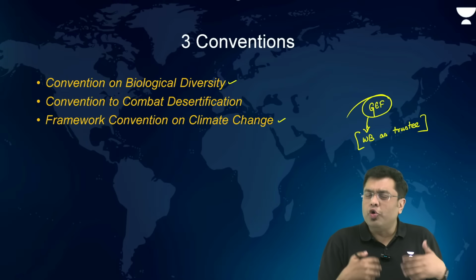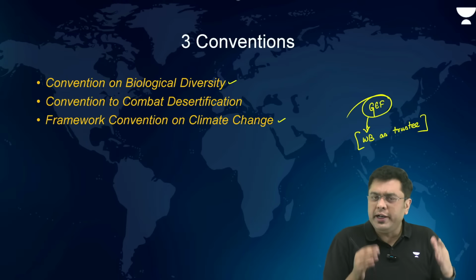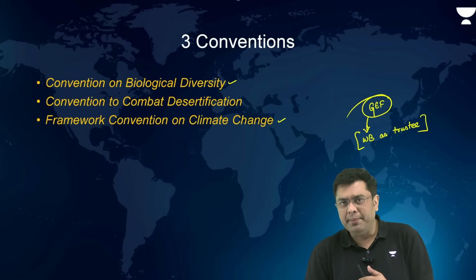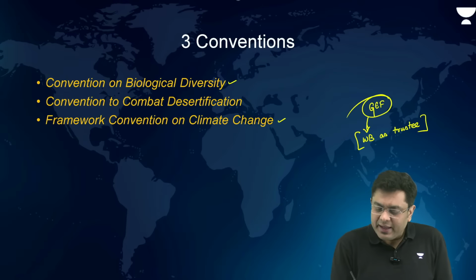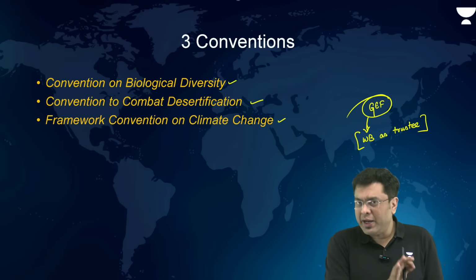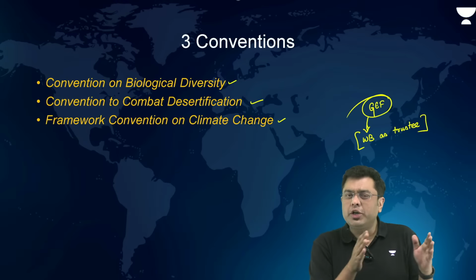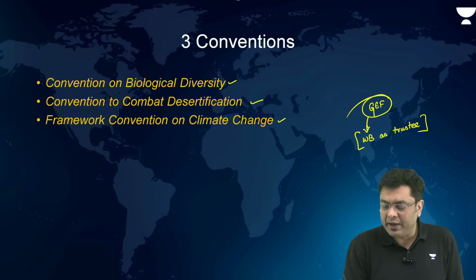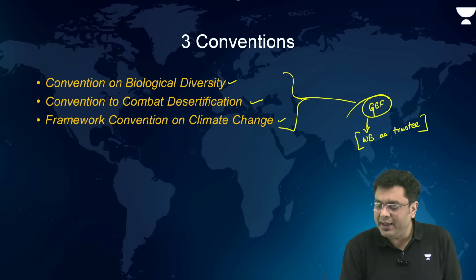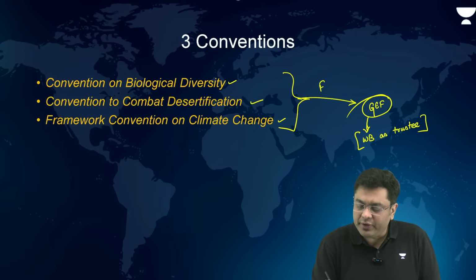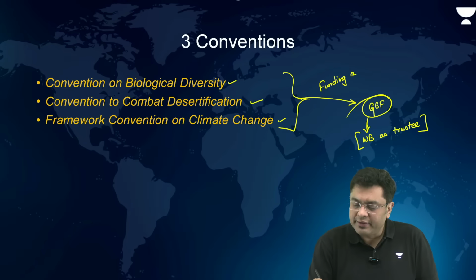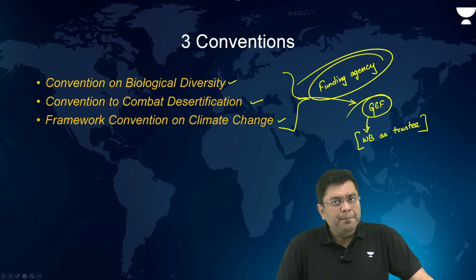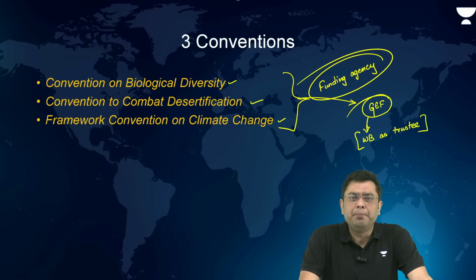UNCCD, however, to combat desertification, it had an alternate source of funding for a long period of time. But in recent years, even CCD, United Nations Convention to Combat Desertification, that is also funded by Global Environment Facility. So now you can say that the funding agency for all these three conventions is Global Environment Facility. Okay, so these are the three important conventions.